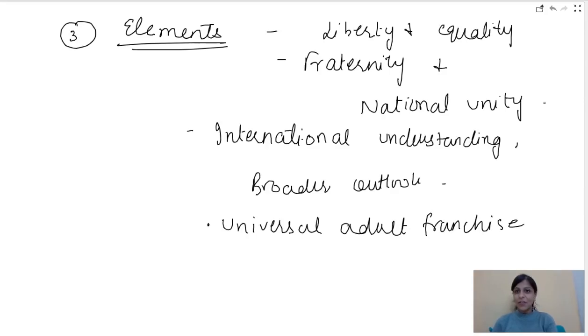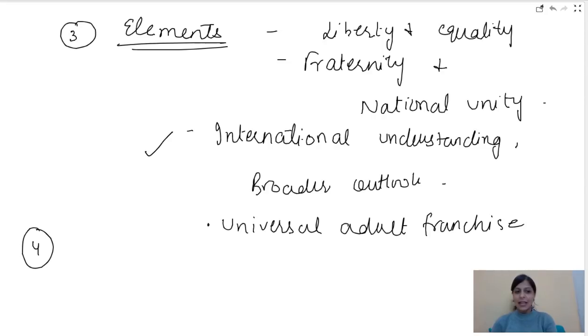Very good. So these are the elements: liberty, equality, fraternity and national unity, international understanding, and broader outlook. That means you're not looking at another nation with the intention of colonizing it, but you are giving a broader outlook, that you have a friendly relationship with the other country. And then the last important one is universal adult franchise.